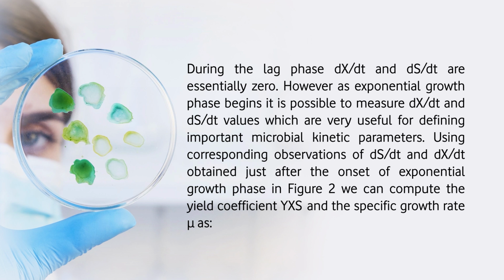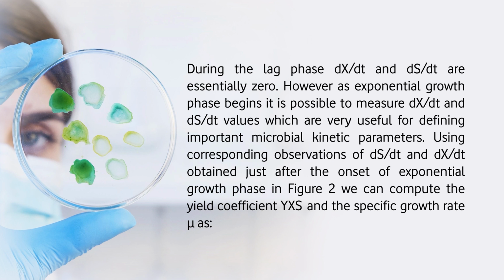Using the corresponding observations of dS by dt, that is the decrease in the substrate with respect to time, and dX by dt, which is the increase in the biomass with respect to time, just after the onset of the exponential growth phase. We will be talking about it in the forthcoming figures and equations. We can compute the yield coefficient, capital Y X/S, and the specific growth rate mu using the forthcoming equations.